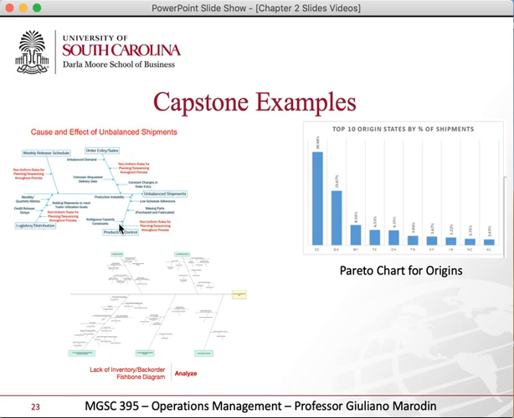Here is imbalanced shipments, right? So a lot about here is about an information process, right? So production control process and order entry and sales and weekly schedules. So these are all information processes that we actually mapped and found out the reasons that were impacting the unbalanced shipment. So you can apply those tools to a manufacturing environment as well as to a service environment.